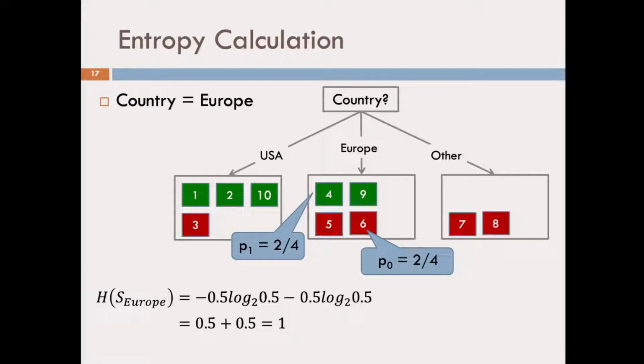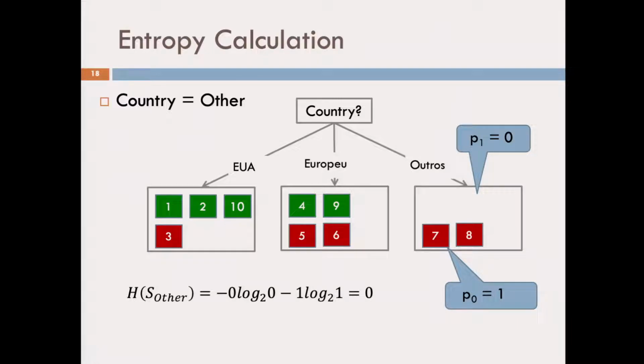That makes sense because in this subset, I have 2 instances for each class. So it's a totally mixed subset. I cannot make any decision looking at that. So it has the highest possible entropy in this case. And let's do the same thing here now.